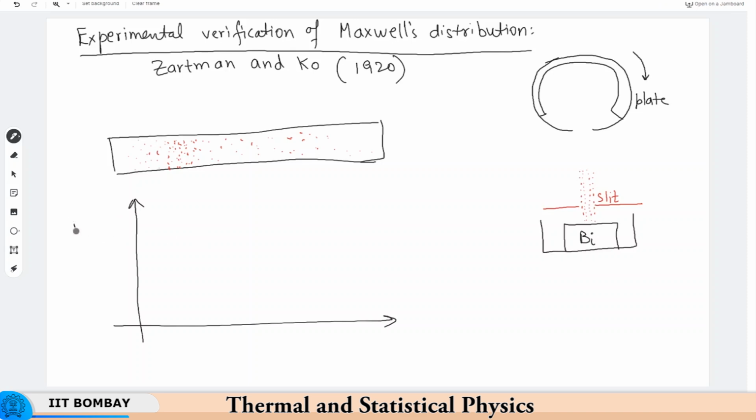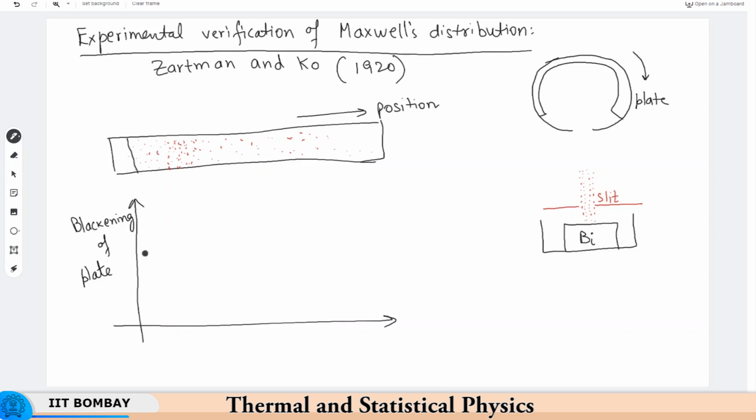So, maybe I can write blackening of plate, and this is the position from 0. This is where the first atom got deposited, which was the fastest atom, and then the slowest atom which got deposited, and beyond that there was no atom. And they plotted this blackening of the plate as a function of the position of the plate. So, this is position.